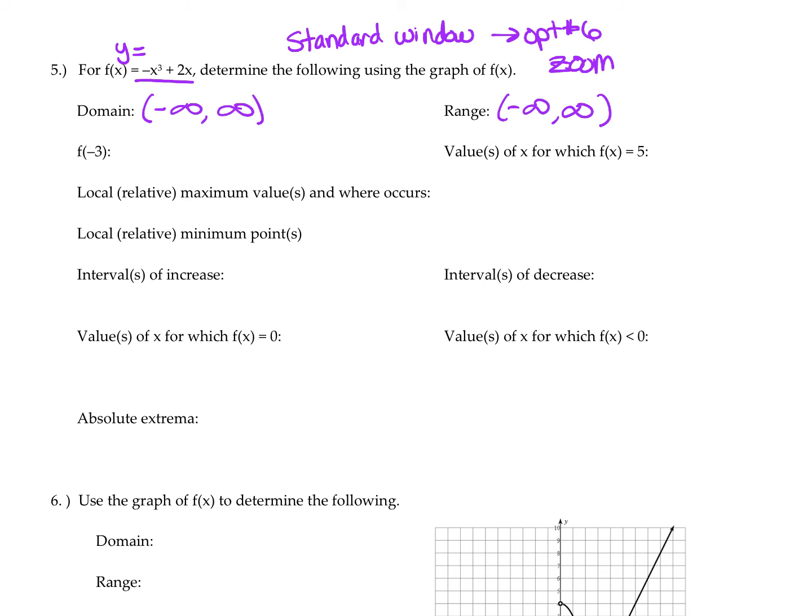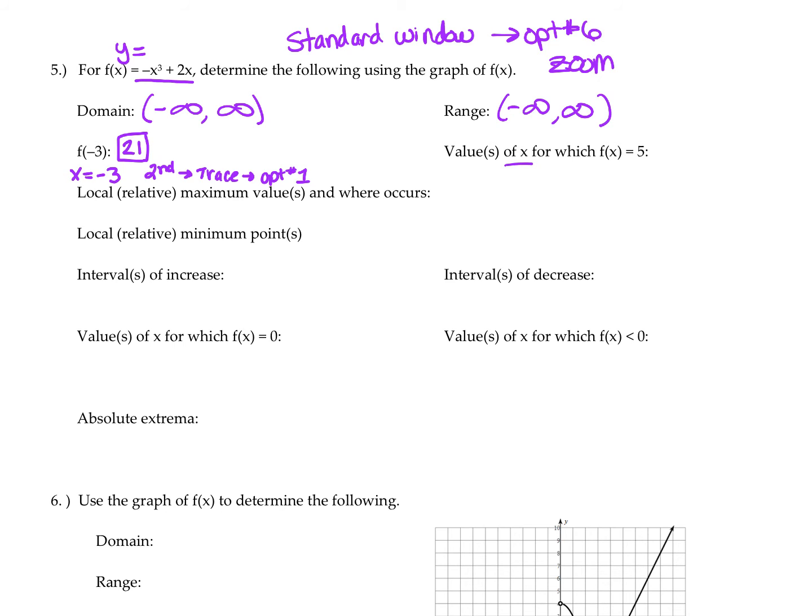Now on the graphing calculator, when they give you an x value, if you go to second trace and use option number 1, which says value, you can type in -3. You could also just plug -3 into the equation above, but either way you should get an answer of 21.